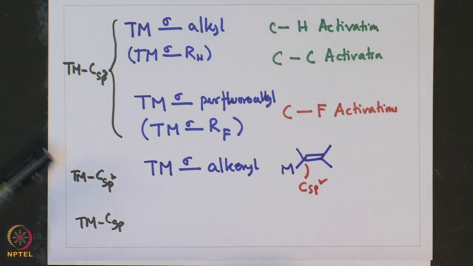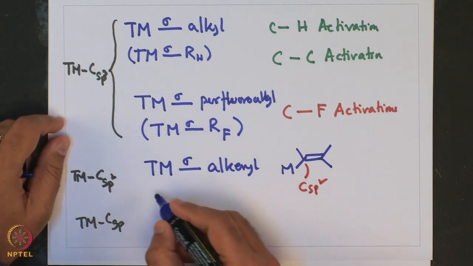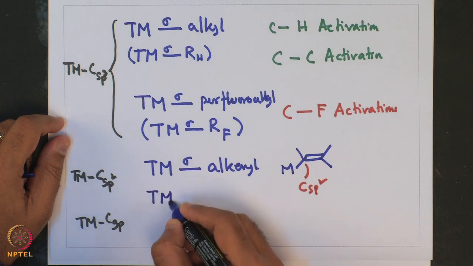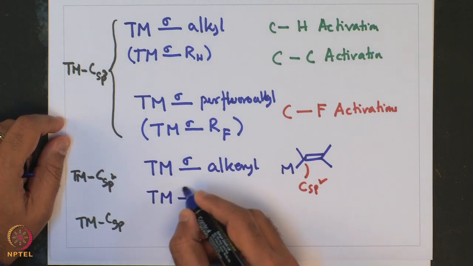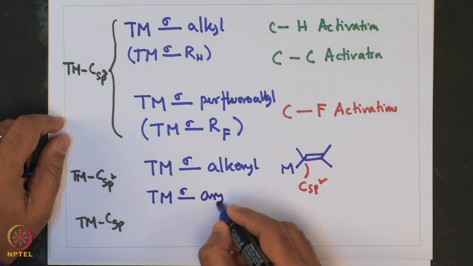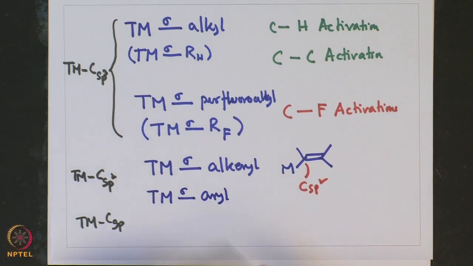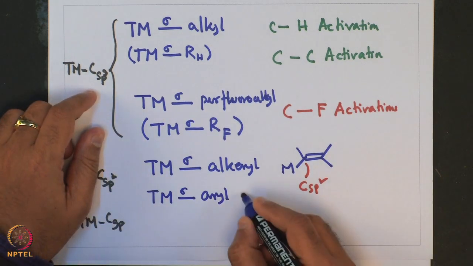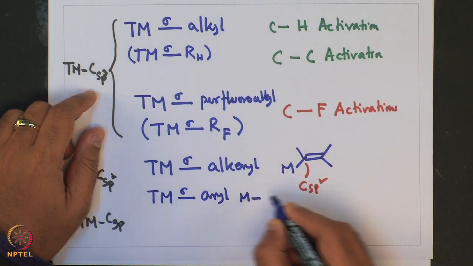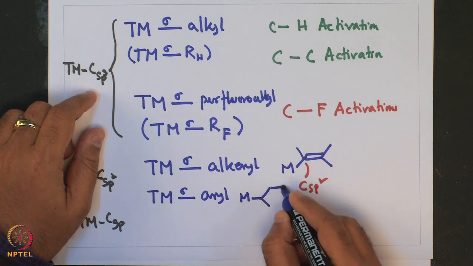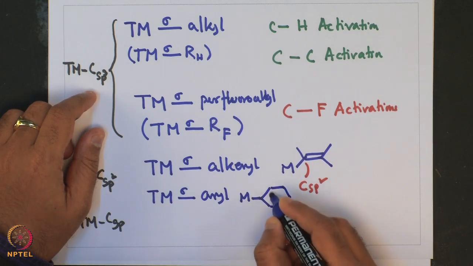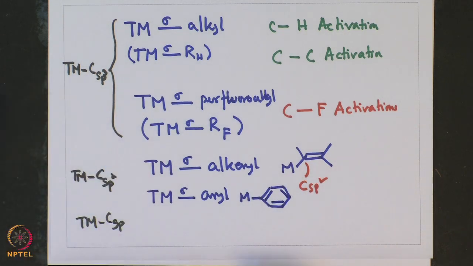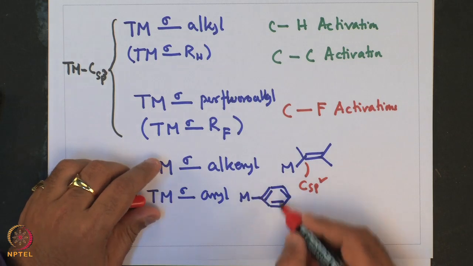We are also going to look at transition metal aryl complexes, and these are given by M-Csp2 type.